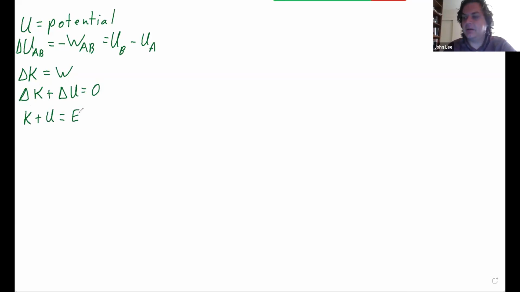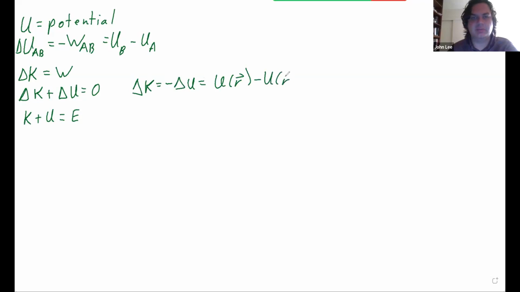So delta K is also defined as negative delta U, which is equal to U of some position minus U of some initial position. This is basically the same thing that we were doing last week.